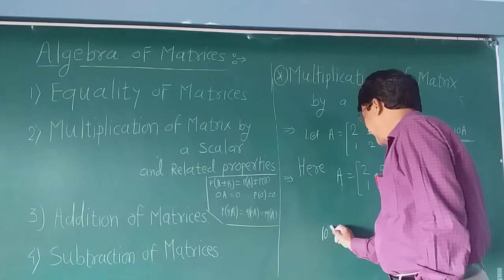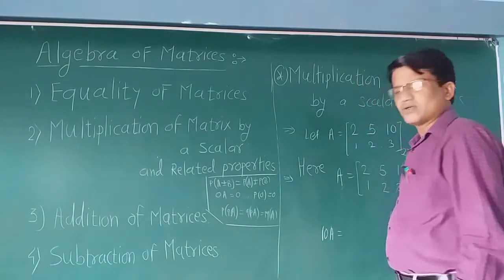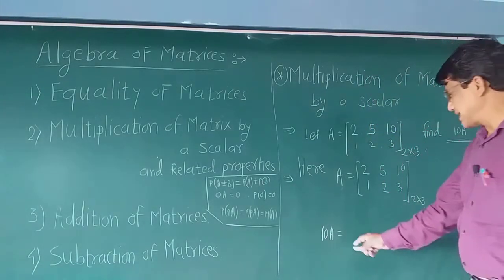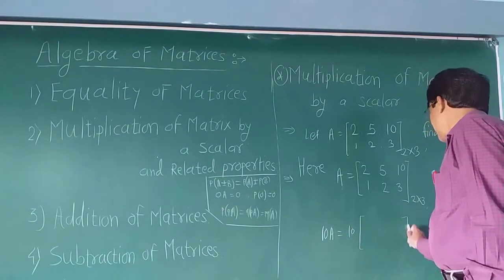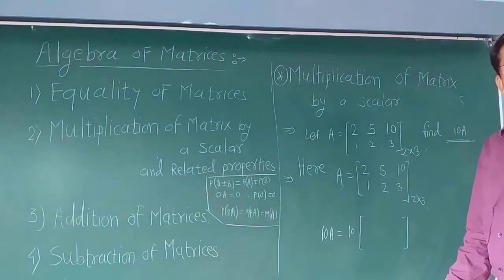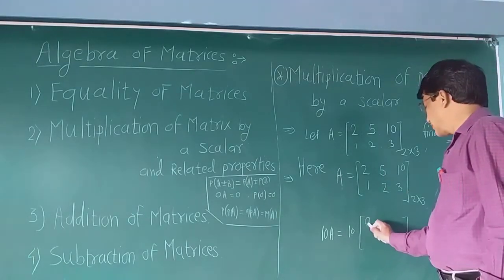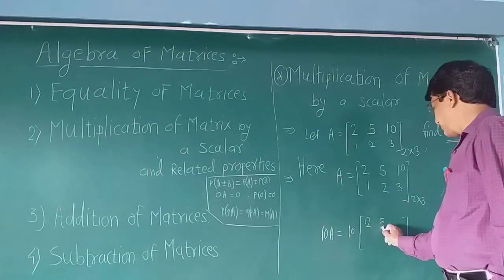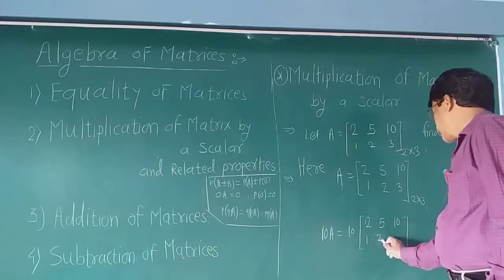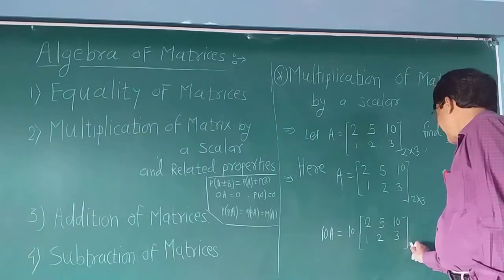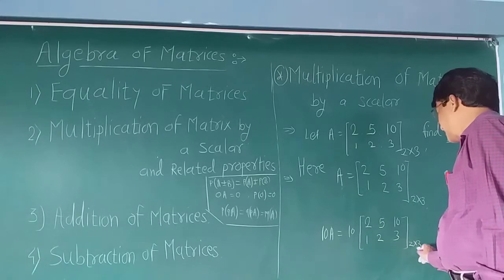Here 10A is equal to multiplying the matrix by 10. So 10 multiplied by the matrix 2, 5, 10, 1, 2, 3, order same, 2 by 3.